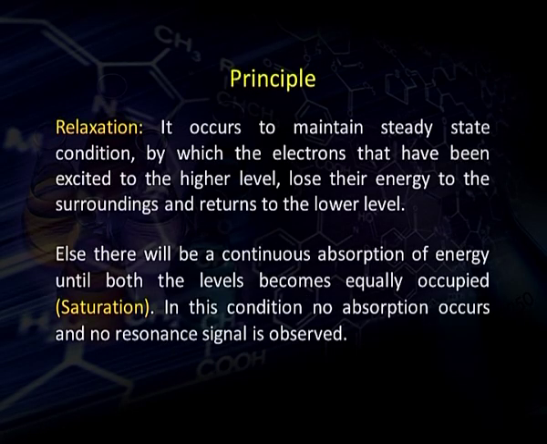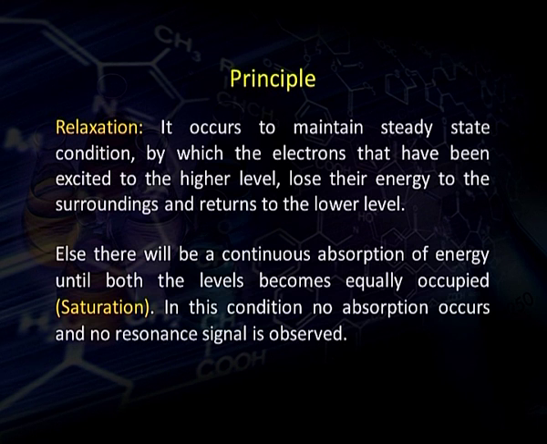If there is a continuous absorption of energy, then what happens? Both levels will become equally occupied, and this condition is called saturation. In this condition no absorption occurs, and hence no resonance signal is observed in the spectra. So, we do not want saturation. To avoid this, we have another procedure which is called relaxation.